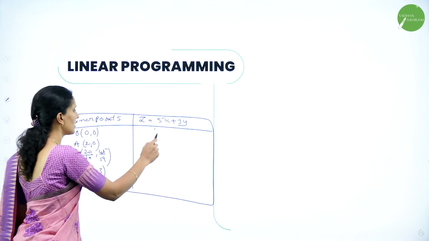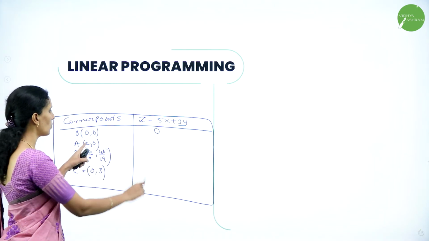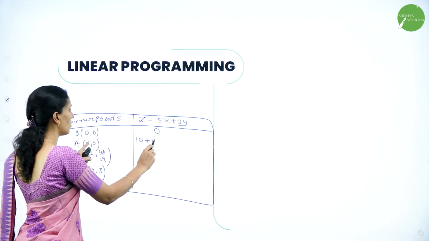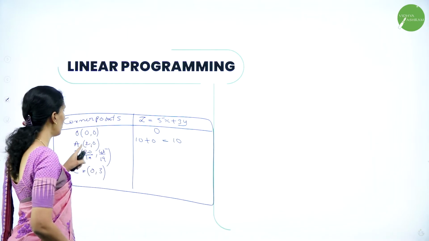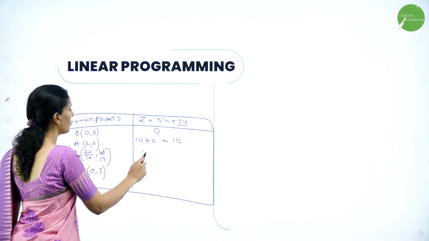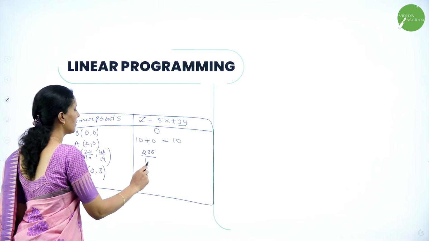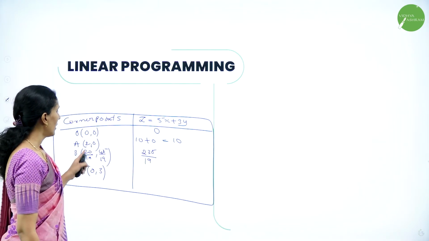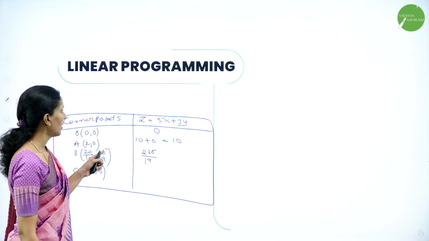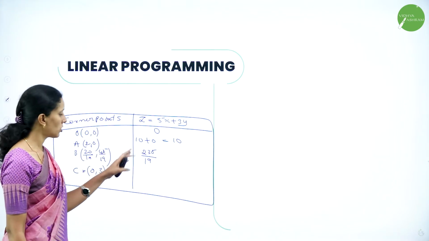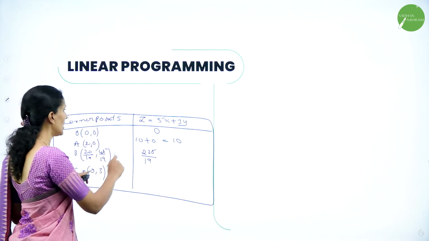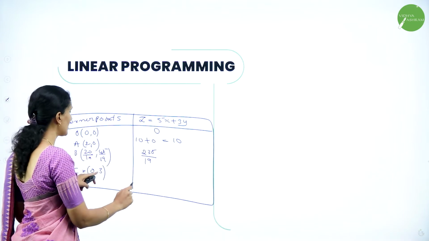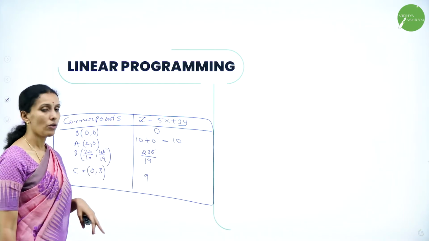Substitute the value 0, 0. So the first one is 0. The second one is 5 twos are 10 plus 0. The answer is 10. The third one, when you solve, you will get the value as 235 by 19. So multiplying, you will get 100 plus 135 divided by 19, which is 235 by 19. Next is x is 0, y is 3, 3 threes are 9. So look at the values now.